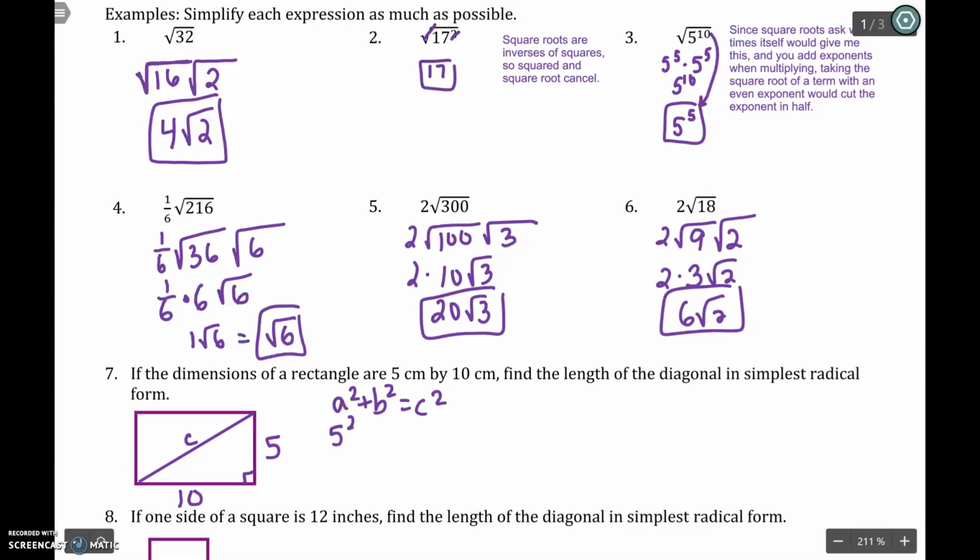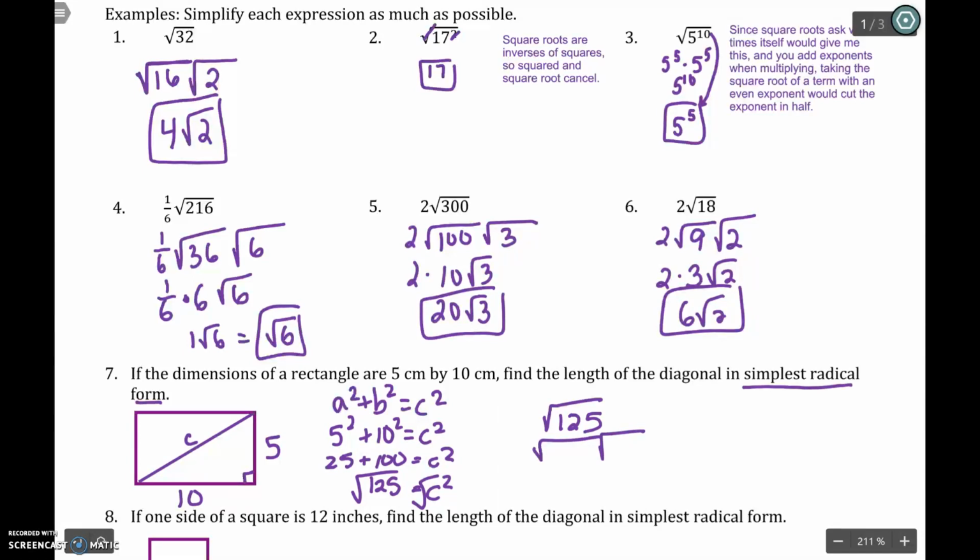So we have our 5 and our 10 as A and B. And when you do 5 squared plus 10 squared, you're going to have 25 plus 100, which you could do in one step and get 125, and then we would square root it. And up until now we've been leaving it that way, but we are now going to be doing our answers in simplest radical form, so we need to simplify this.